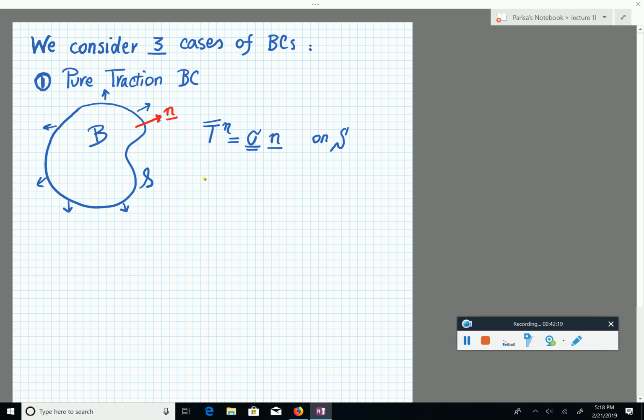And in component form, this looks like this. And the bar on the top means specified.